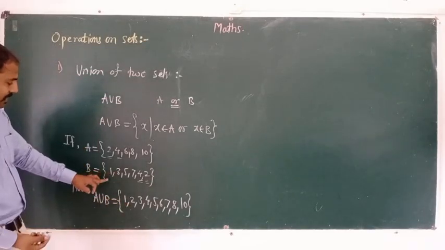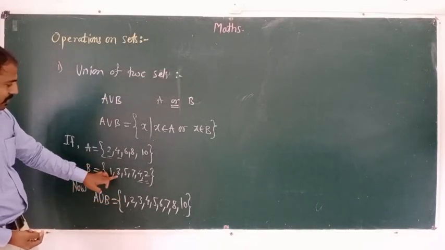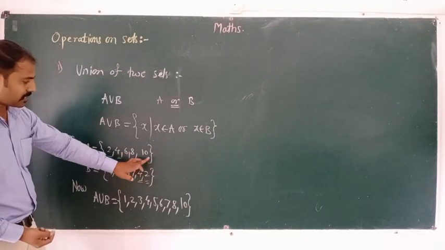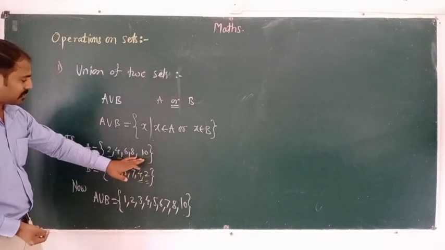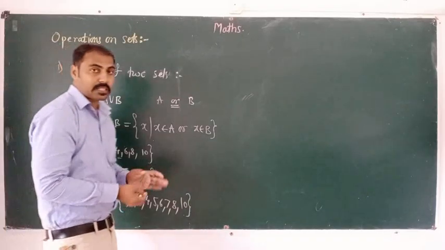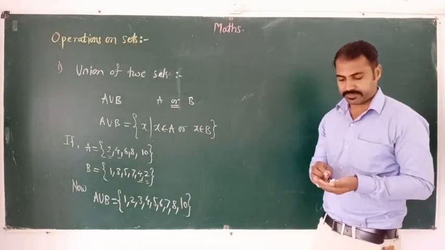So I am writing here all the elements in A union B: 1, 2, 3, 4, 5, 6, 7, 8, 10. A union B is nothing but the set of elements which are in A or in B.